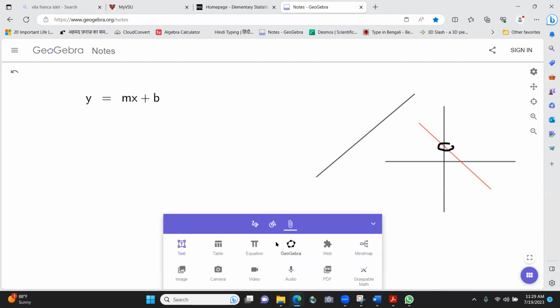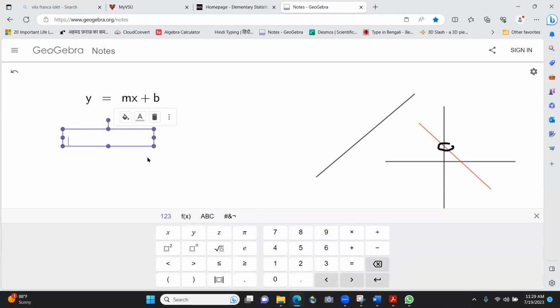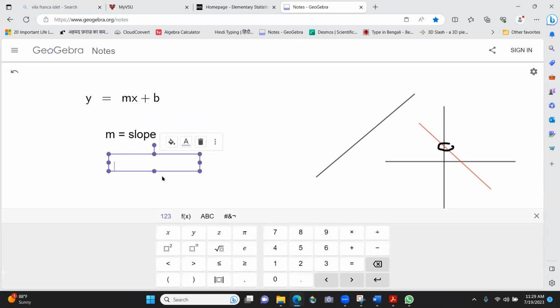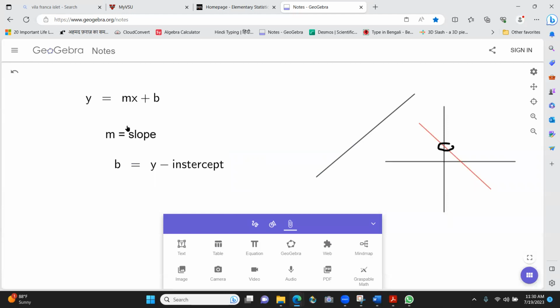Again, M is the slope, rise over run, and B is the y-intercept. If I can find M and B, I can find the line. And we're going to learn how we can find M and B. That's the background of what's coming up.